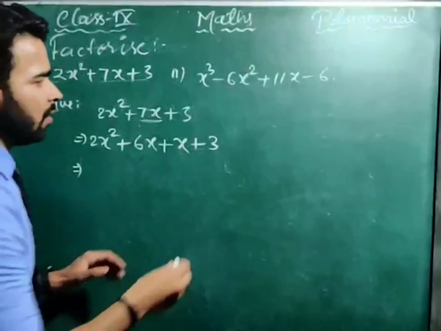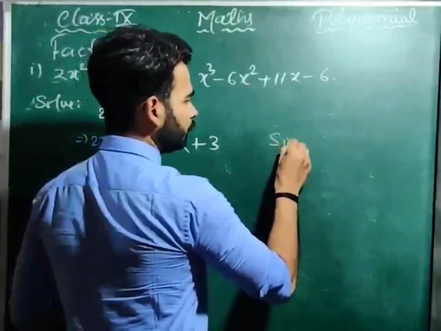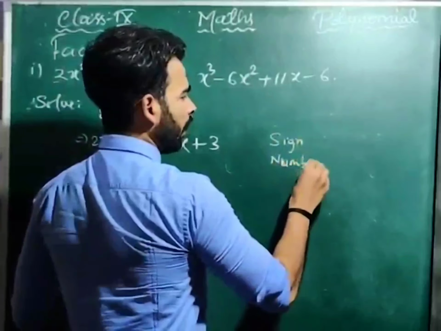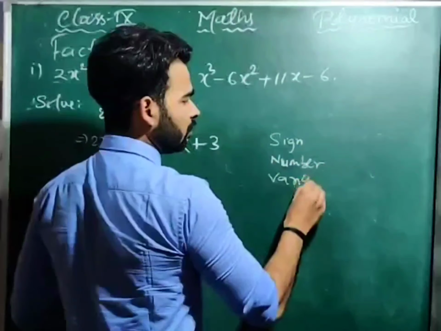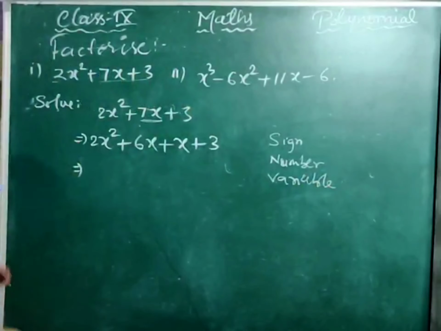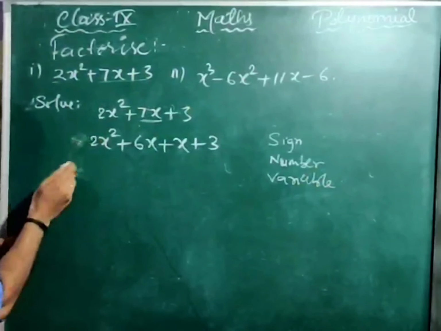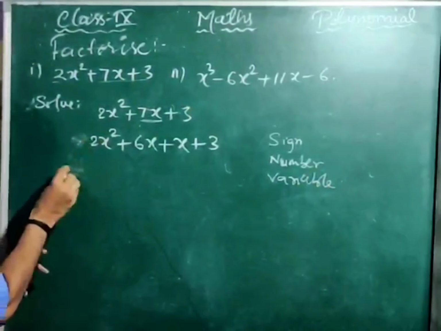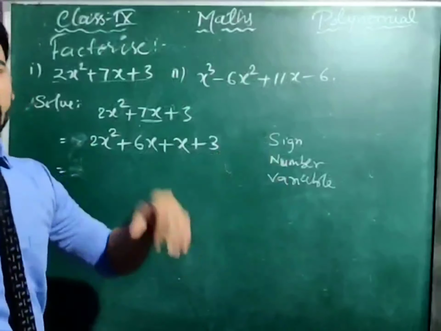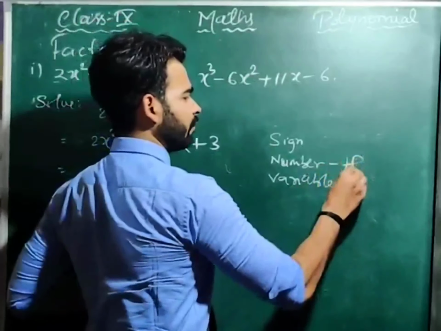By common you will remember sign, number and variable. It's a trick to factorize: sign, number and variable. So here is plus, so we will take plus. Here is plus, we will take plus. Sign, again number. In number we will take the HCF.